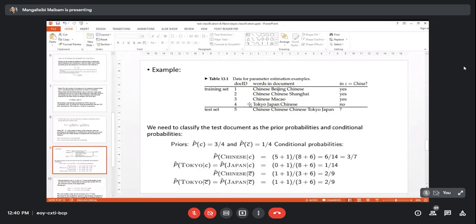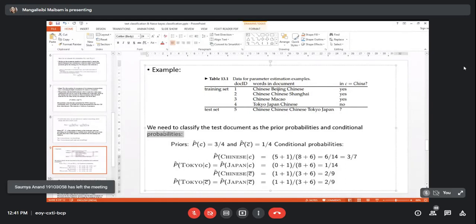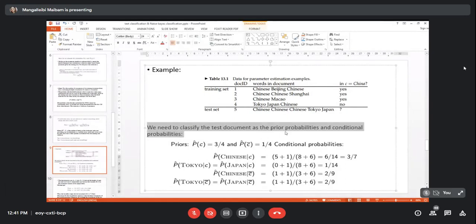So based on the features and by finding the probabilistic distribution for all the terms, we are going to assign the China class or not China class to this particular D5 document. So we need to classify the test document using prior probabilities and conditional probabilities. So we need to find two types of probabilities here, prior probabilities and conditional probabilities.